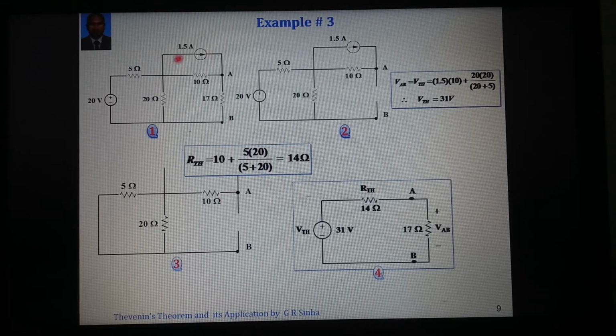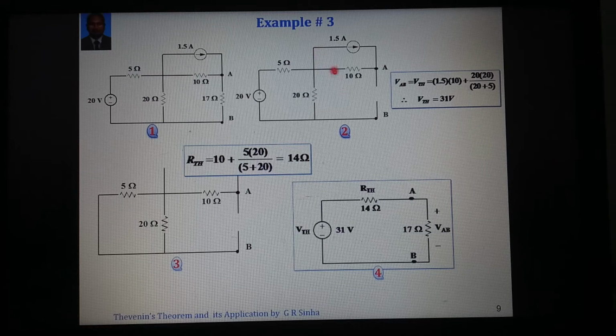There is another example we can see here. There are two sources, a current source and a voltage source, and it has been asked to determine the Thevenin equivalent circuit across AB. Let us try to find the open circuit voltage between A and B. There are different ways in which we can determine it. There is no current at all through AB, so this 1.5 ampere will go here, and this 1.5 ampere will enter through the 20 ohm, but whatever current is coming from the source minus 1.5 will come here.